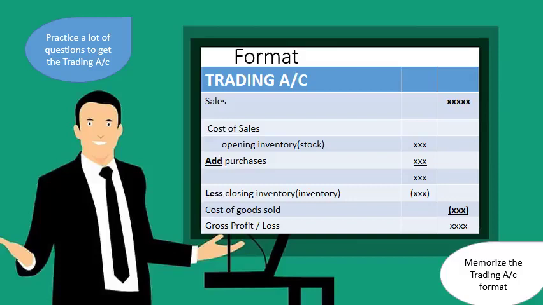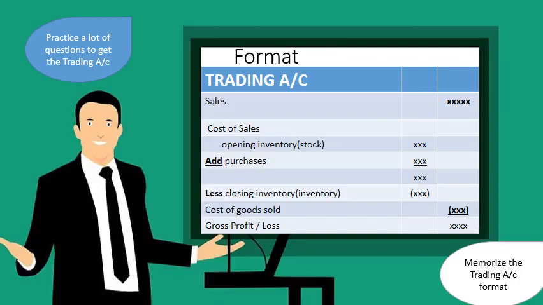These are the goods we are saying less closing inventory, or they may say less closing stock, depending on your syllabus, which words you use mostly. So less closing inventory, we put that in brackets. Remember, we're still on the debit side. We're still dealing with the cost of sales aspect of the trading account.